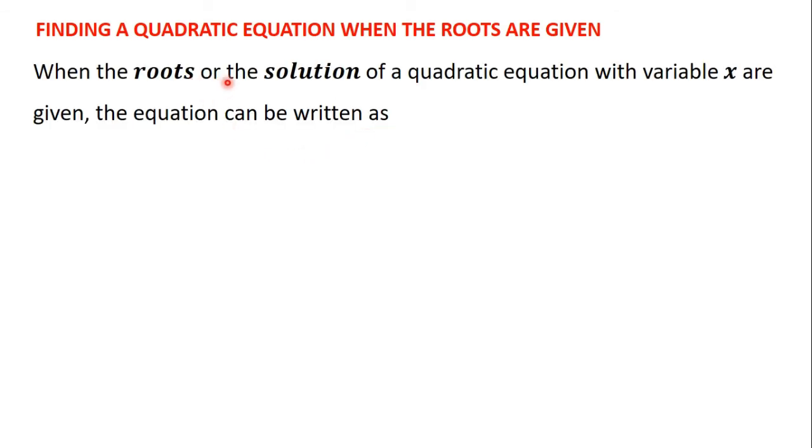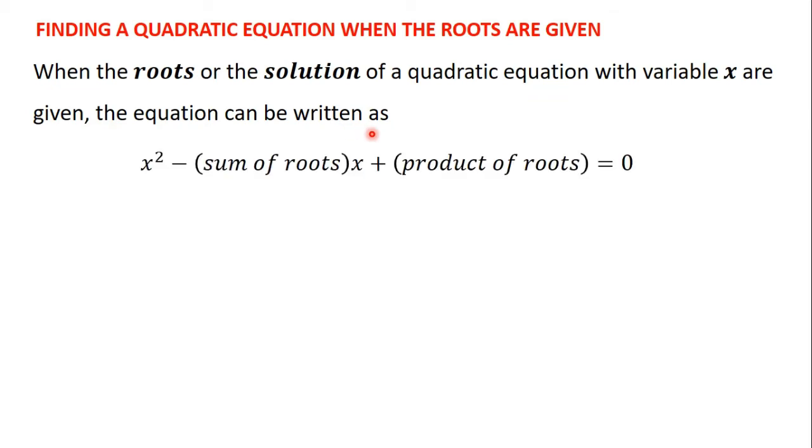When the roots or the solution of a quadratic equation with variable x are given, the equation can be written as x squared minus sum of roots x plus product of roots is equal to 0. Now, as you can see here, this quadratic equation has a variable x.